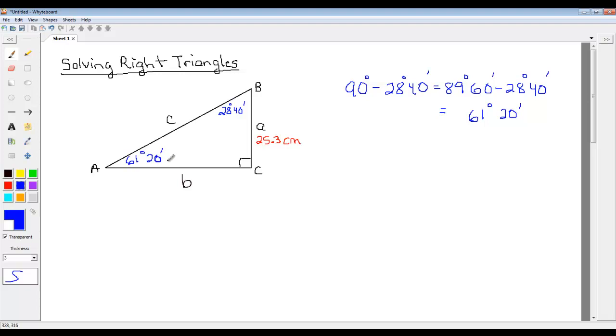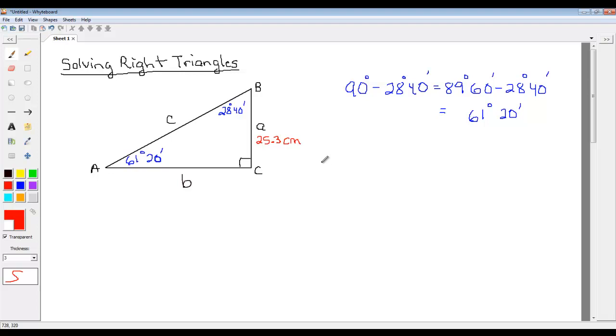Now, how do we tackle the sides? Well, we've got our trig ratios at our fingertips. We know one of the sides, we know the angle measures, and we can use any of our trig ratios to help us find these. Let's say we take angle A. We know the opposite side.